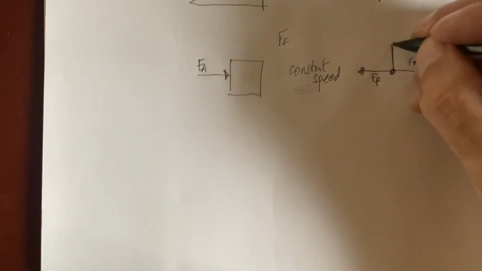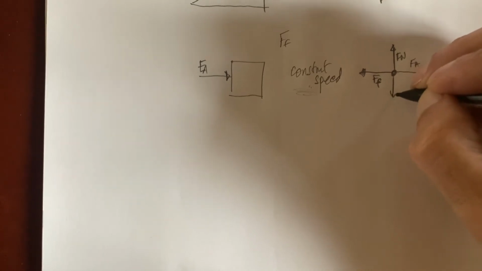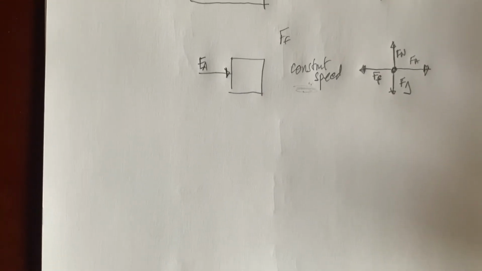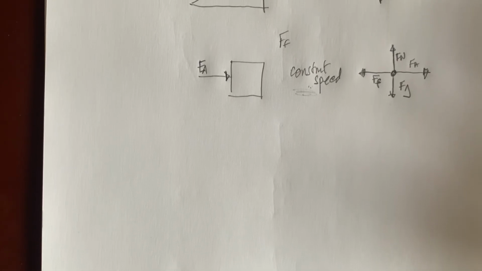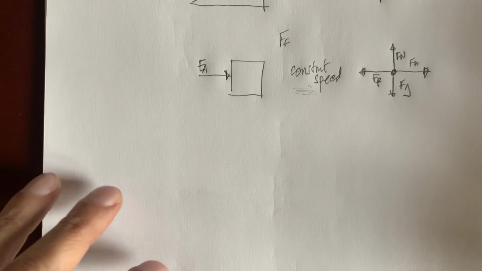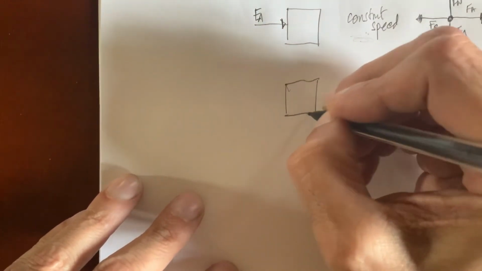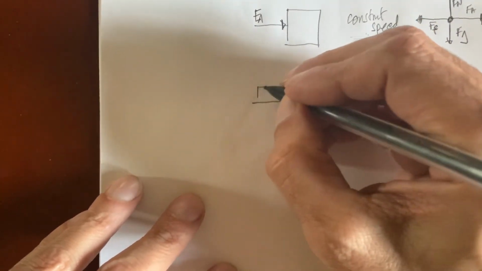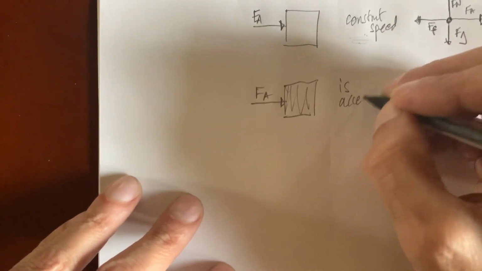Don't forget our normal force, which is still acting upwards, and our force of gravity, which is acting downwards. So there it is for an object being pushed to the right with a force equal so that it's moving at constant speed.